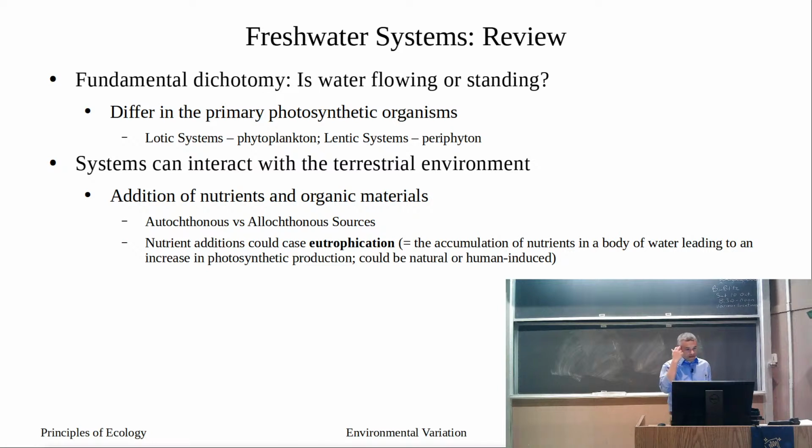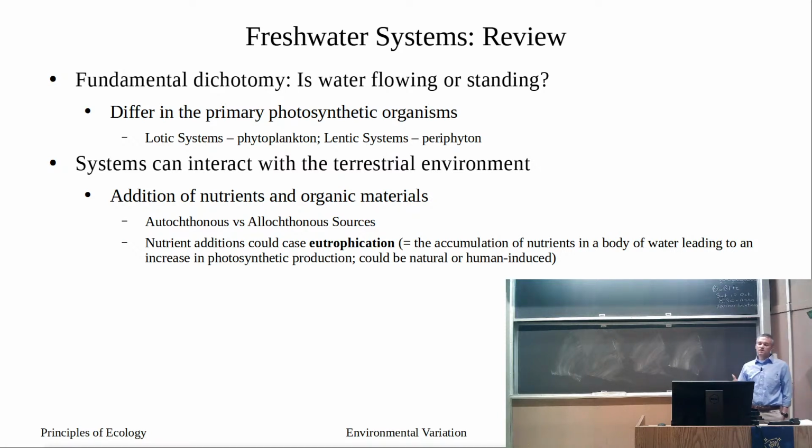All right. And then these systems differ in how they interact with the terrestrial system. In a lake or pond type system, you look at the watershed and you can have nutrients sweep into those systems from the terrestrial system, but mostly those ponds and lakes get most of their energy from autochthonous sources. So the primary production, taking the light energy, making it into sugars. Streams and rivers, on the other hand, get most of their organic material from the terrestrial system itself.